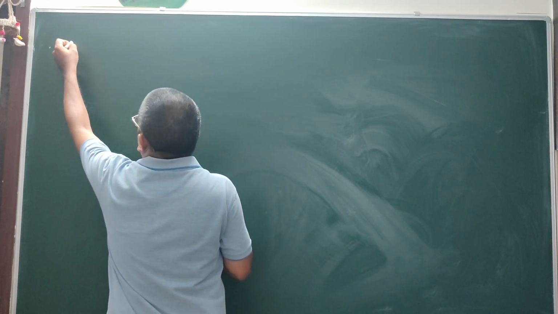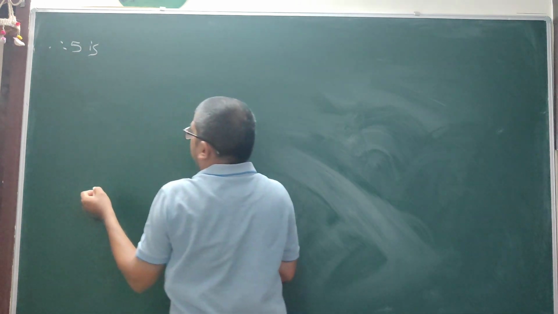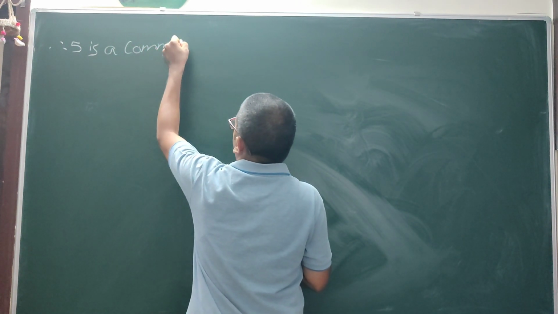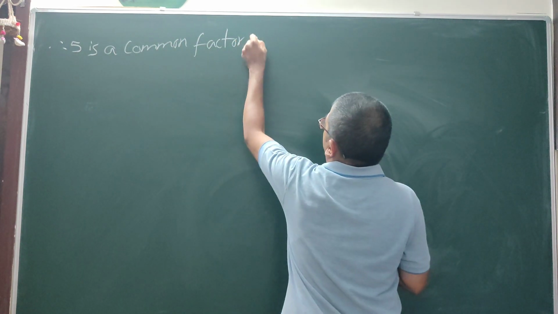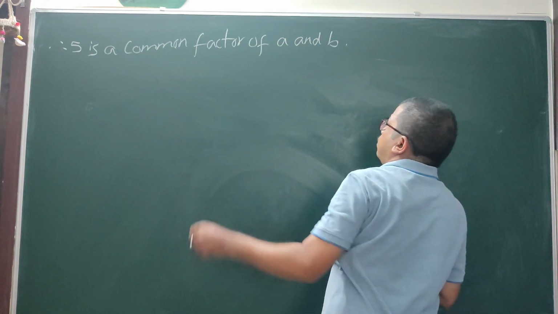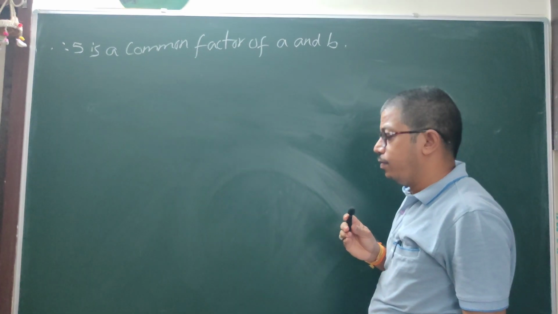Therefore, 5 is a common factor of a and b. A common factor of a and b.